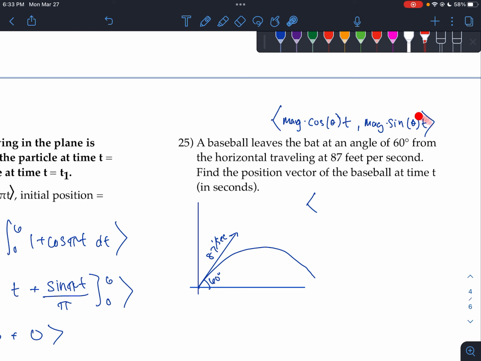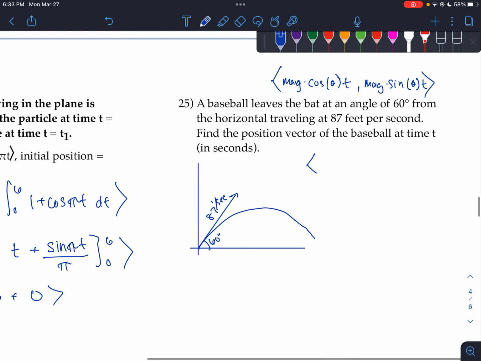But we also have to consider gravity in this problem, so we're going to have to use the gravity vector. In any case, the magnitude is 87, and then you'll have cosine of 60, and then that's going to be t. So this is a constant, and t is the variable. t is not a part of what's inside cosine.